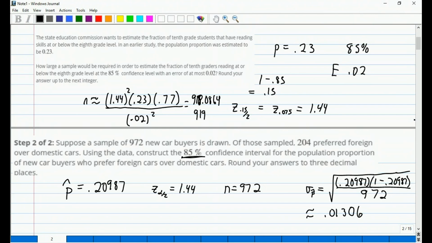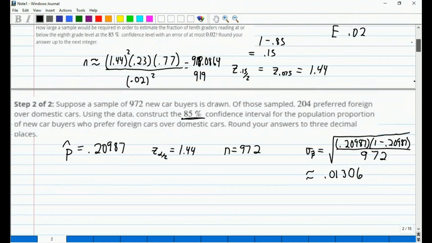All right, so now all I have to do is follow my formula. It was p hat plus or minus z sub alpha over 2 times sigma sub p hat. So that's going to be 0.20987 plus or minus 1.44 times 0.01306.